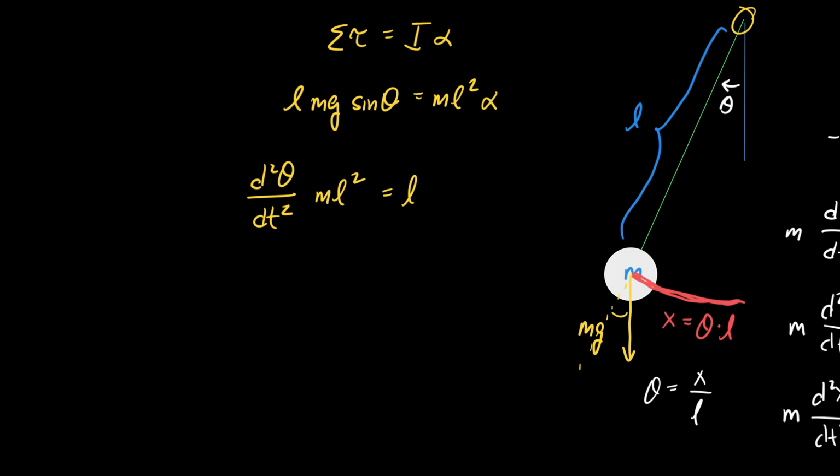This is going to equal LMG sine theta. I will say that my torque is counterclockwise, even though my displacement is clockwise. So I'll put that negative sign in there to indicate this is a restoring torque. We're close, so I'm going to do the same small angle replacement here so that I'm not dealing with the sine, but I'm dealing with theta directly.